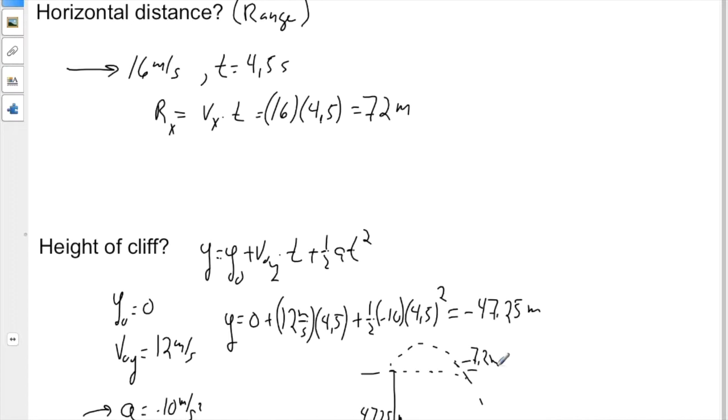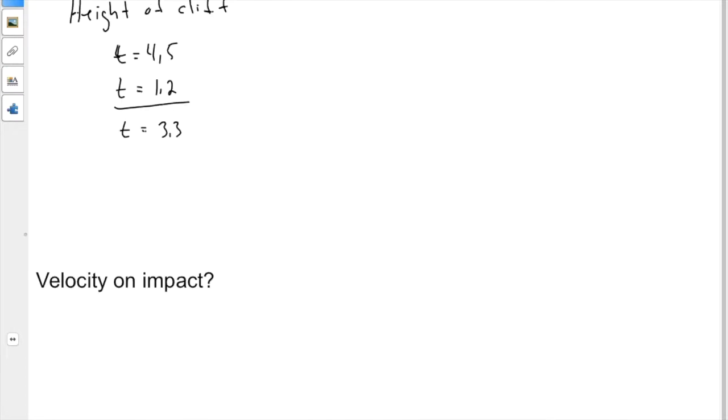There's another way we can look at this. The total time is 4.5 seconds, and the time to get to the top is 1.2 seconds. So the time for it to fall is the remainder: this is the going up time, and this is the going down time.